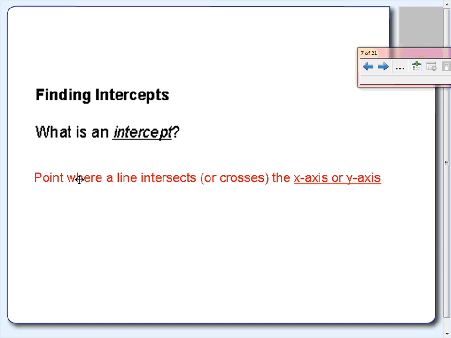Now, since we're talking lines here, most of the time, not all the time, you're going to have an x-intercept and a y-intercept. There are occasions where maybe you just have one, maybe just an x-intercept, maybe just a y-intercept. But that doesn't happen too often. Usually you have two.